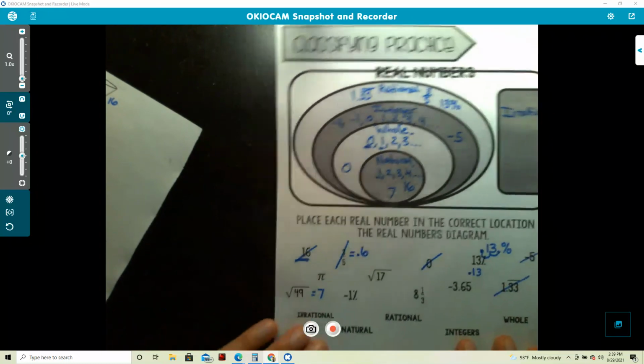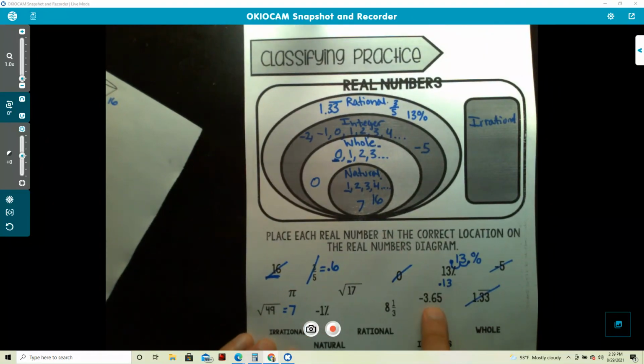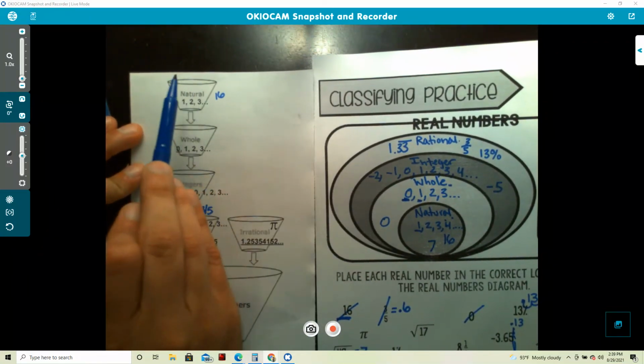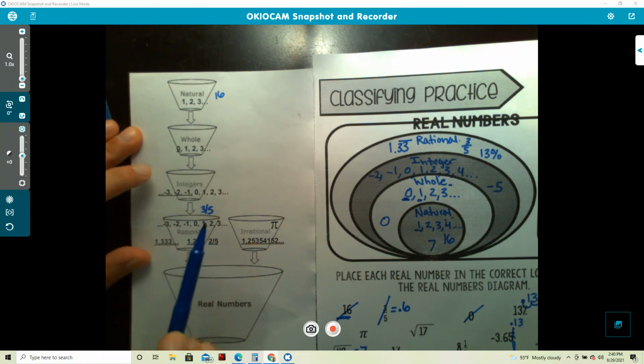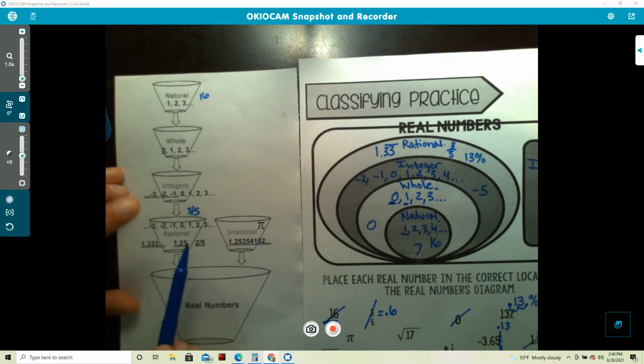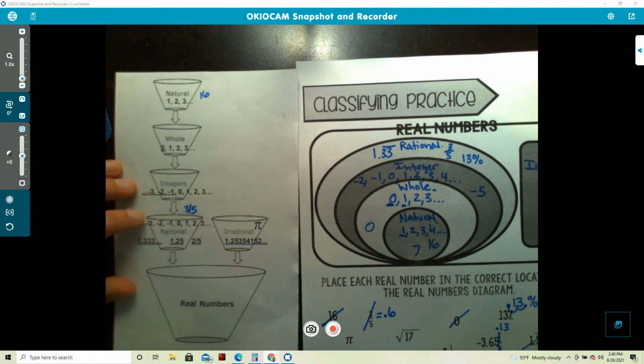All right, so -3.65, don't have anything repeating. It does terminate, so it has to go into the rational section. So if we start from the bottom, can't throw it into natural, can't throw it into whole, can't throw it into integer, but we can throw it into rational, and that means it's also real.